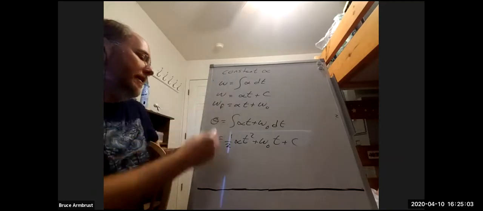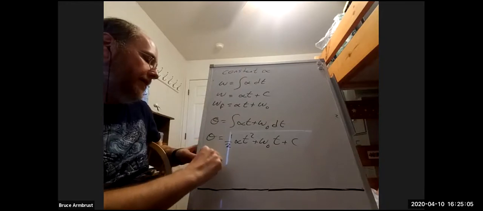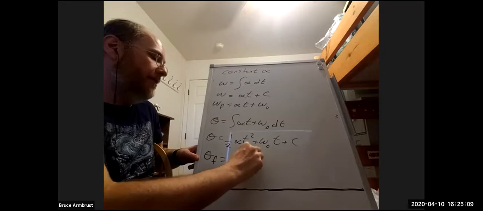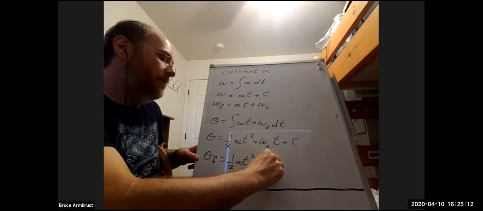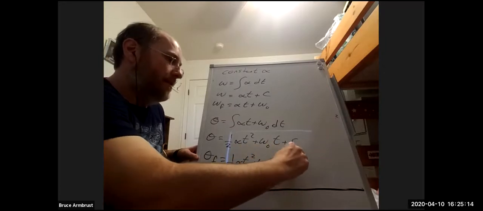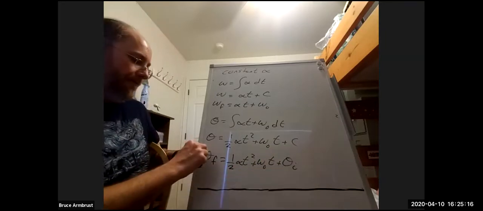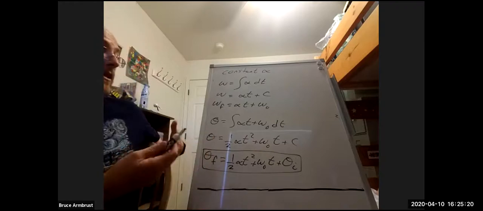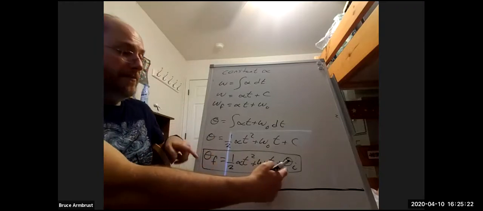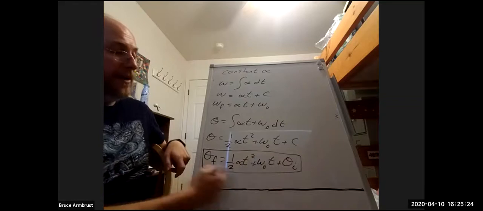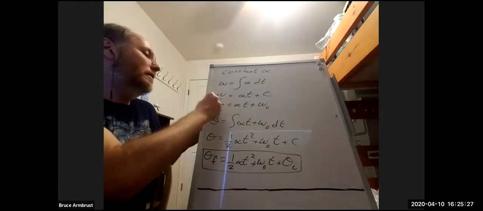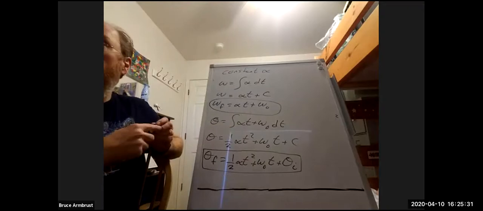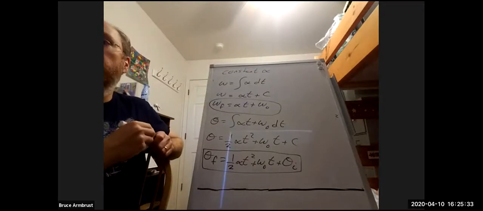So we would get another formula here that would look like your final angle is 1/2 alpha t squared plus omega naught t plus theta initial. And so if you go back and look at what you did in the first quarter with linear quantities, same deal, except these were your x's, your x final, x initial. So we've already built 2 of those kinematic equations just by doing the calculus, right?